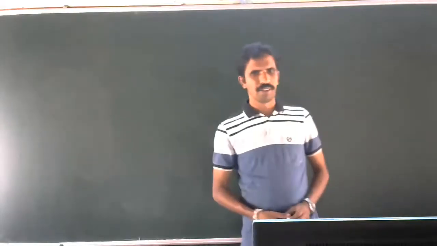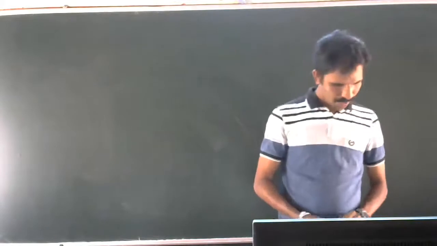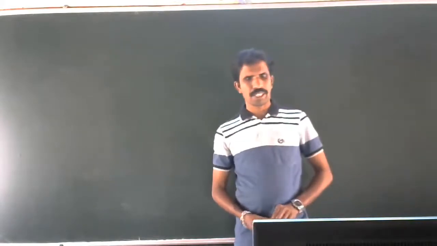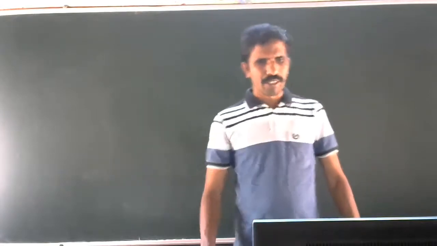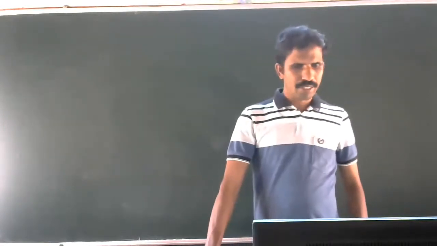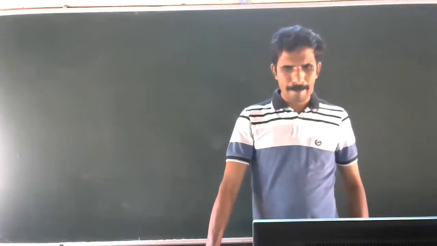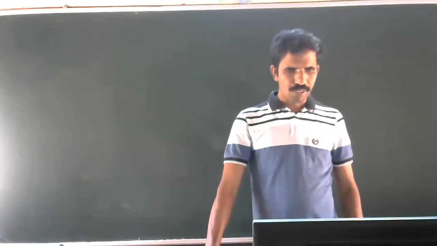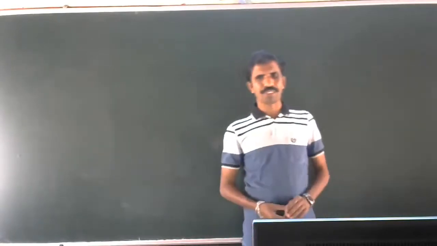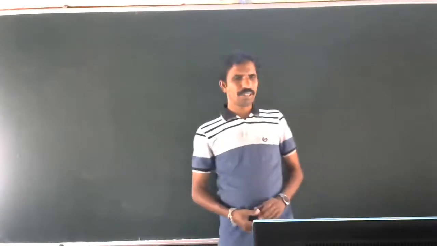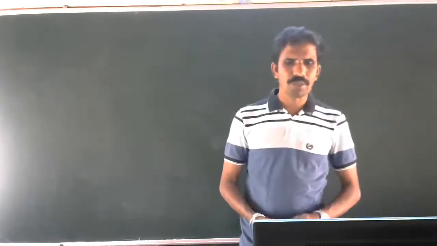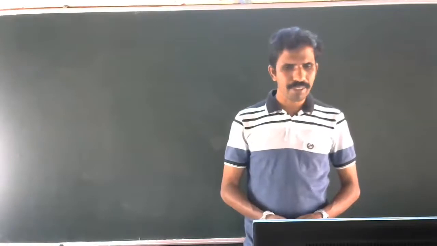So today we are going to study the next class. Yesterday we learnt about the characteristics of fishes, the specific and common characteristics of fishes. Before knowing the fishes, we learnt about the characteristics of vertebrates.